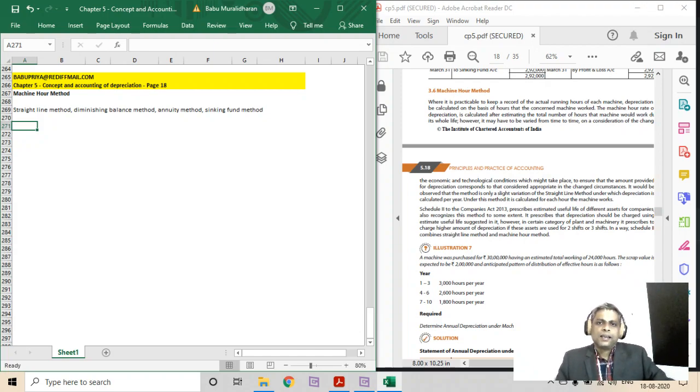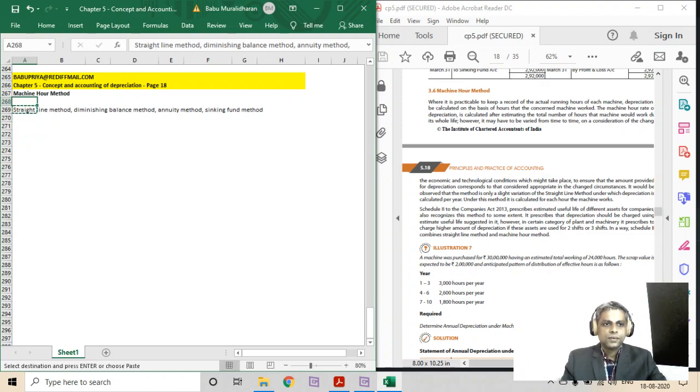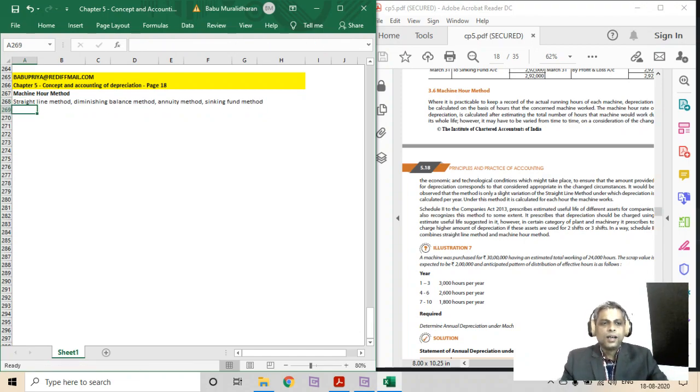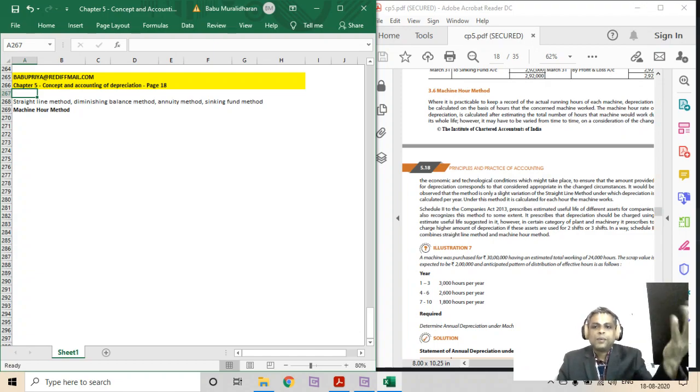Say the machine has a capacity of running for 10,000 hours, and it can also produce, say, 10,000 units during that period. Then how should the calculation happen? It can be based on the unit price method, or it can be based on the machine hour method.